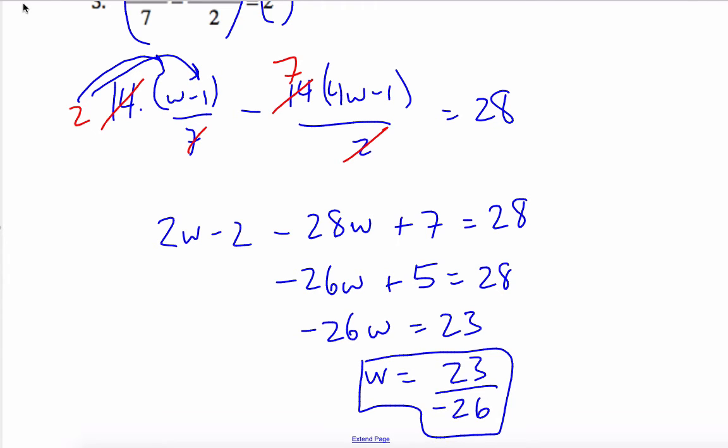Now we've got one more problem to go, and I think this is the hardest one, for sure. In my denominator, I need a common denominator. I have a w plus 1, a 2 times w plus 1, and a 6. The common denominator is going to consist of w plus 1. And then if I just look at the numbers, the common denominator between 2 and 6 would be 6. So this is my common denominator now.